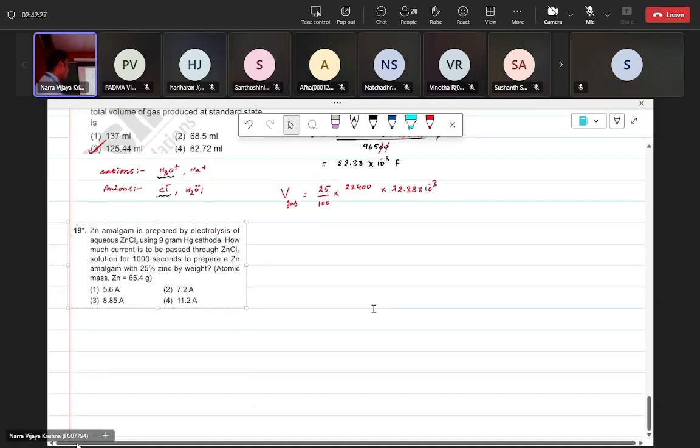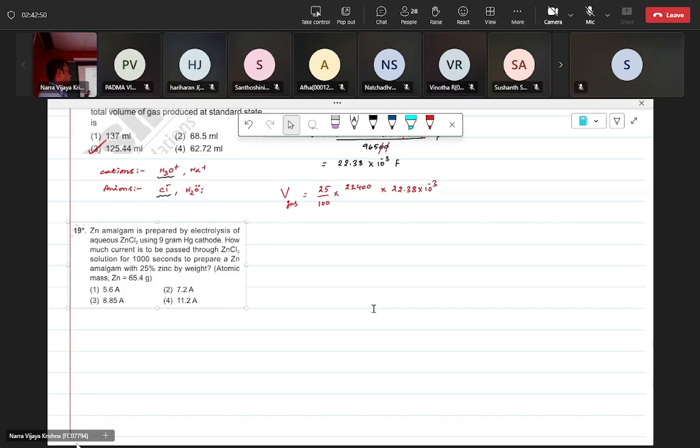What they are saying? Zinc amalgam is prepared by electrolysis of aqueous ZnCl2 using 9 grams of mercury cathode. How much current is to be passed through ZnCl2 solution for 1000 seconds to prepare a zinc amalgam with 25% zinc by weight? In zinc amalgam, weight of zinc must be 25%.